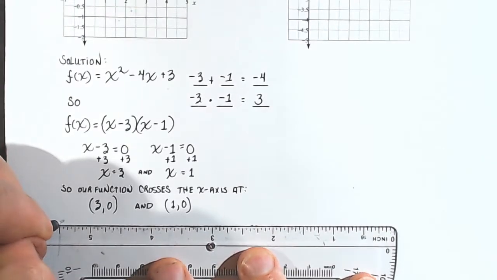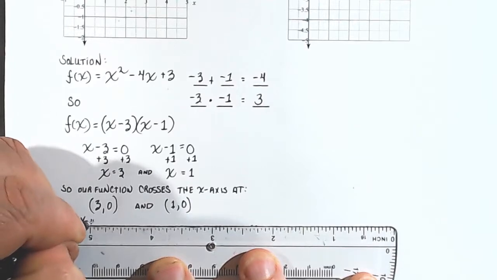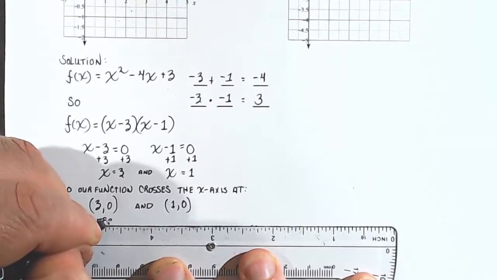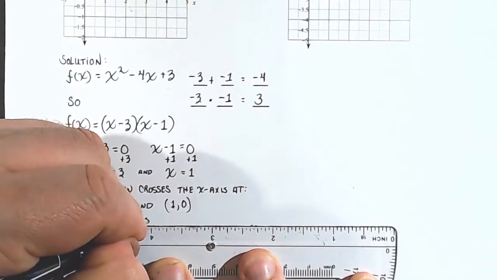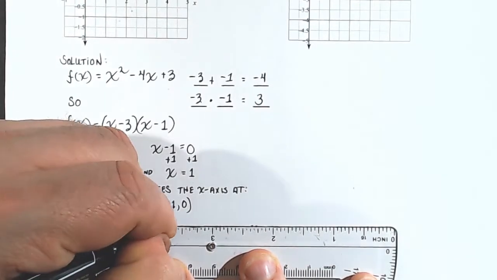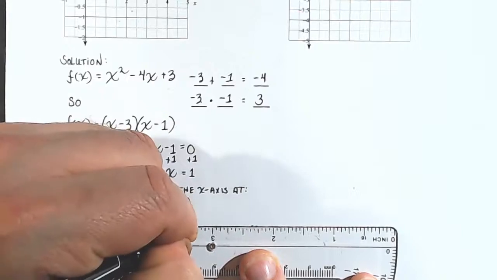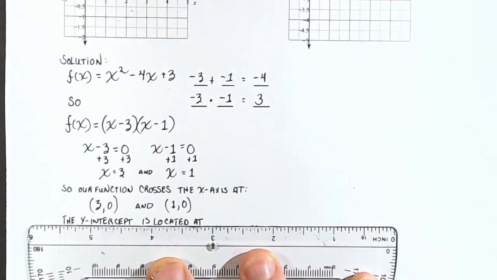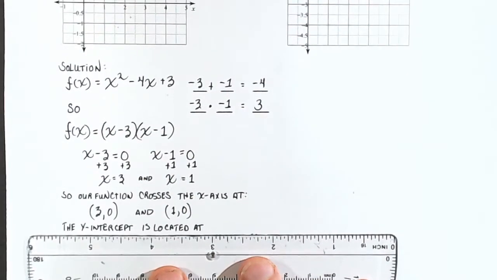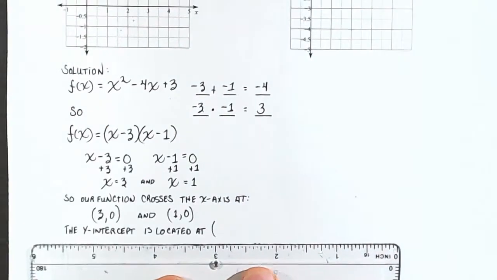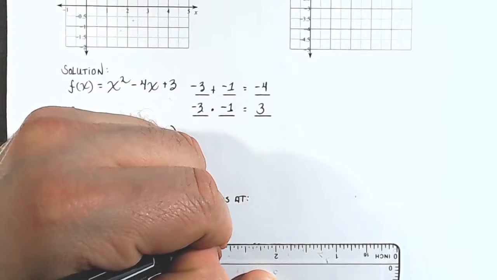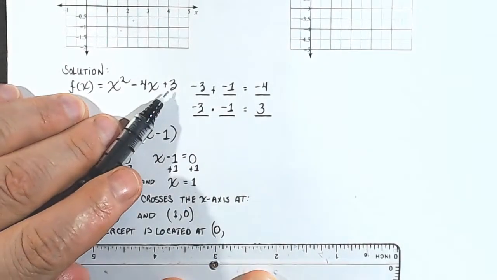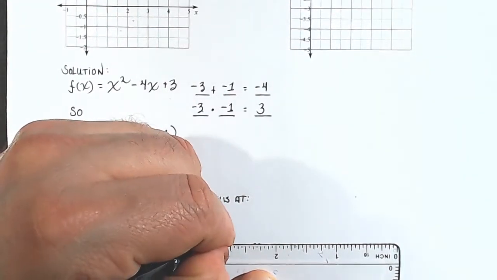And I can write the y-intercept is located at, and now I need to put a coordinate pair, open parentheses. The x value will always be 0 at the y-intercept, so located at (0, 3).